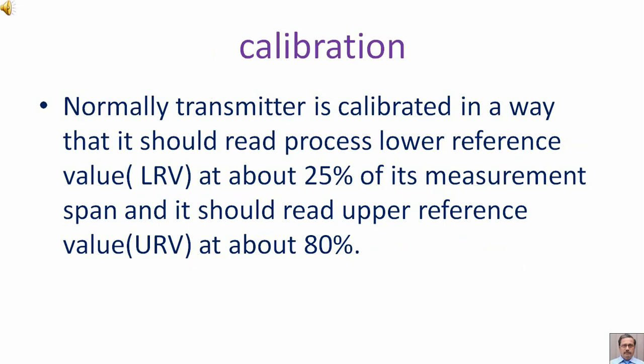Normally, transmitter is calibrated in a way that it should read process lower reference value LRV at about 25% of its measurement span, and it should read upper reference value URV at about 80%.